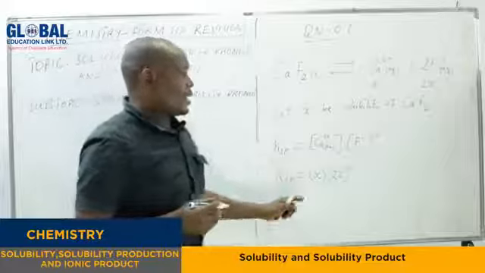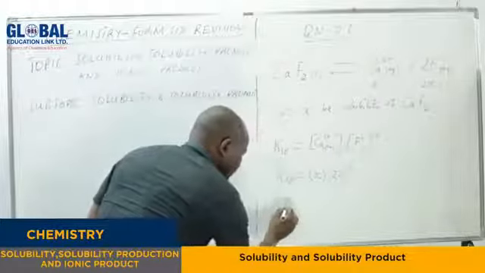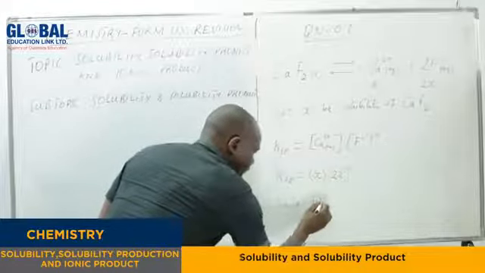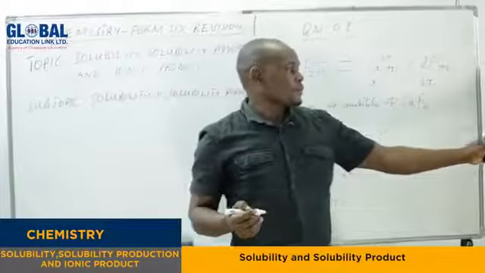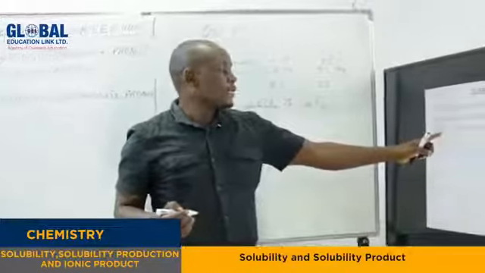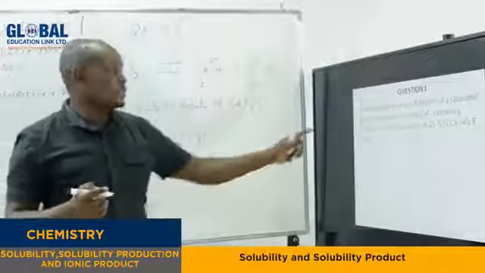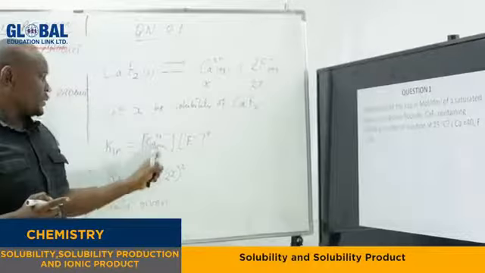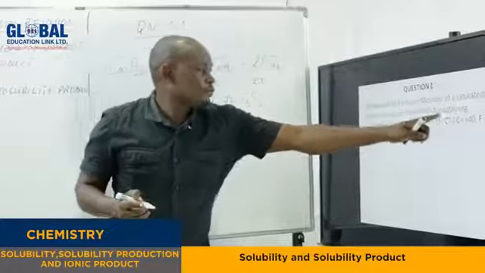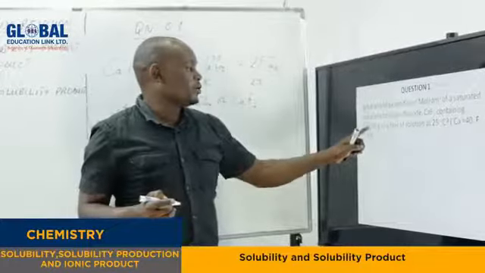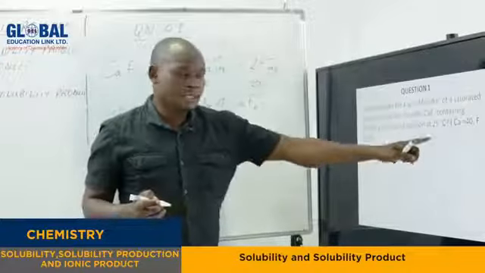Now, if we go back to our question, the data given is the concentration in gram per liter of calcium fluoride, and the concentration to be expressed here must be in moles per decimeter cubed. The calcium fluoride contains 0.0156 gram in a liter of solution at that temperature.